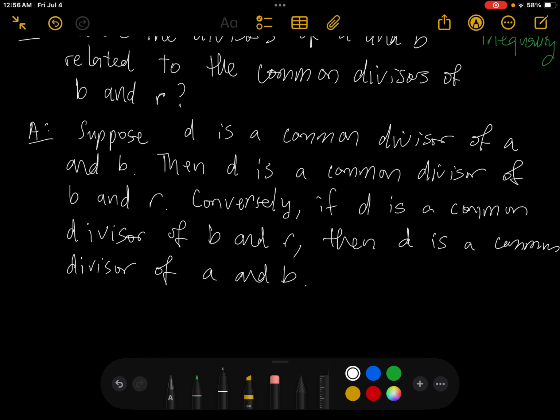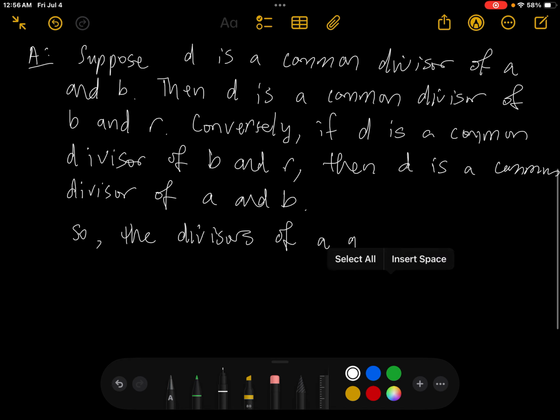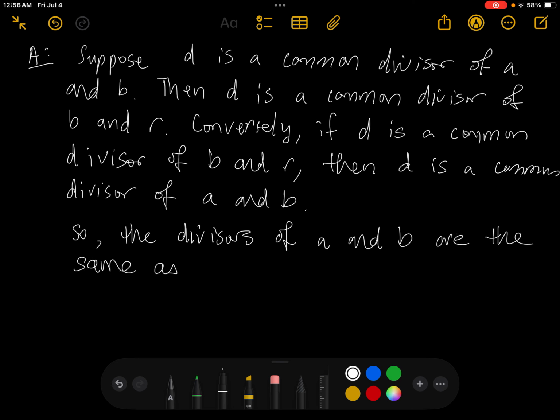So what did we show? We showed that if you have a common divisor of a and b, it must be a common divisor of b and r. And if you start off with a divisor of b and r, then it is a common divisor of a and b. So if you put those together, that means the divisors of a and b are the same as the divisors of b and r.